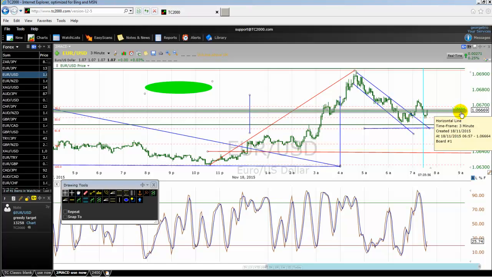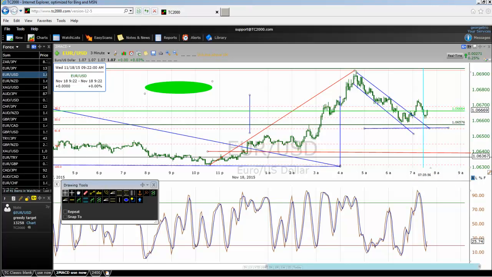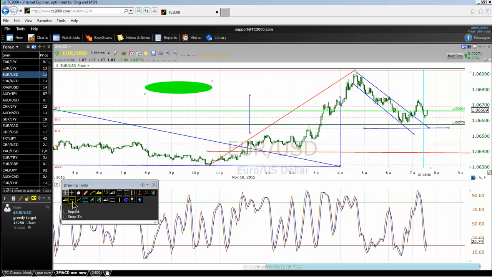That brings me to 10636. My stop loss is somewhere here where I place my cursor now. Yes, it's not a bad place. All right, let's draw it. 10636. That's the 30 pip stop loss.